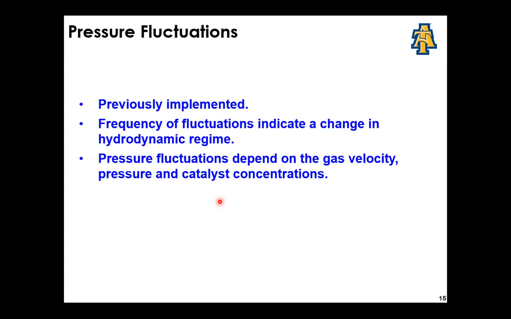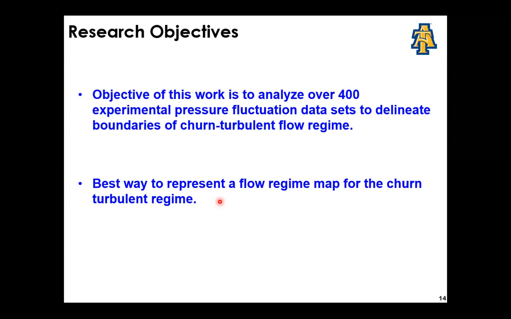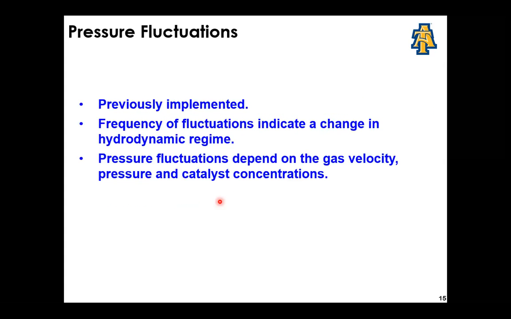So I need to talk about this pressure and matrices. In trying to do this, like you said, I analyzed over 400 different data sets, and I used the principle of pressure fluctuations. This analysis has been previously done. The frequencies of the fluctuations indicate a change in the hydrodynamic regime.